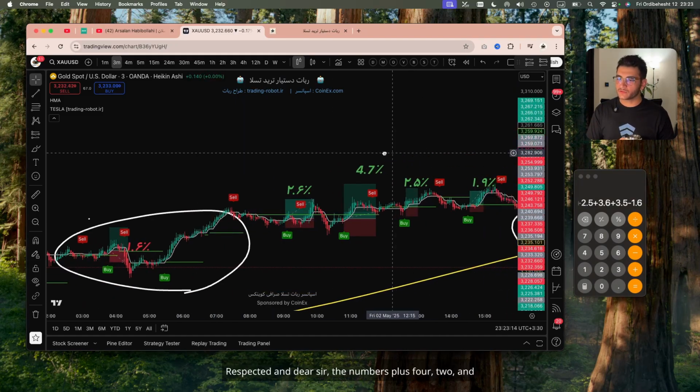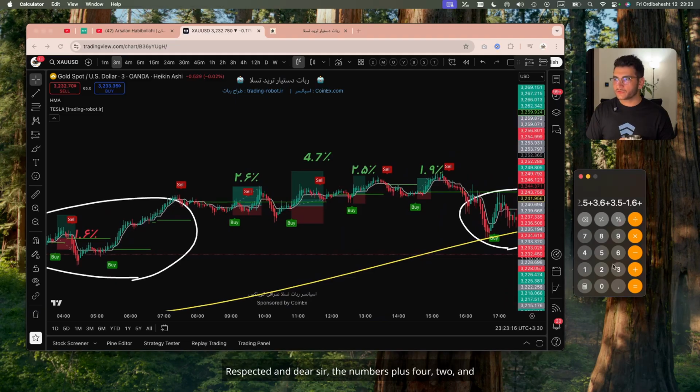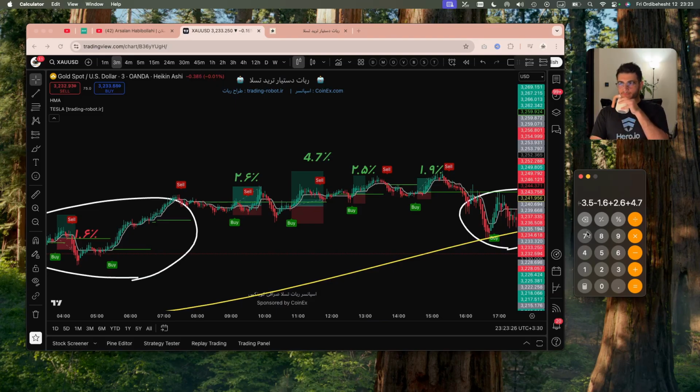The numbers plus 4, 2, and 6. 2 and 6, plus 4 and 7. The first value is 2.5, and the second one is just 1.